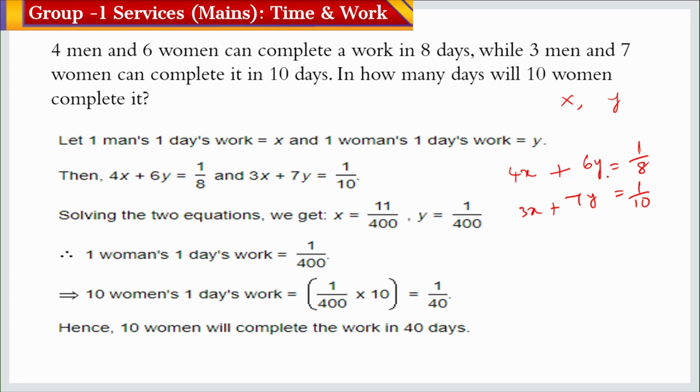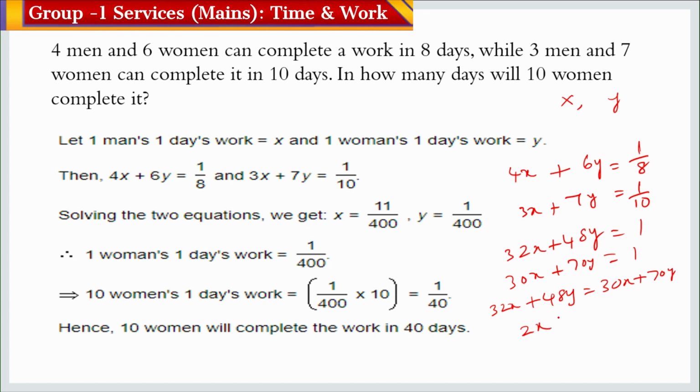4x plus 6y equal to 1 by 8. So, you have to multiply the whole with 8, correct, means 32x plus 48y is equal to 1, and 30x plus 70y is equal to 1. When you compare it, 32x plus 48y is equal to 30x plus 70y, or 2x is equal to 70y minus 48y, means 22y, and x is equal to 11y.